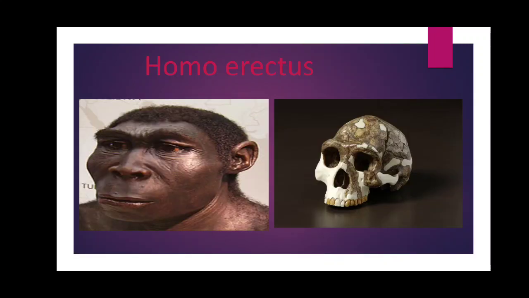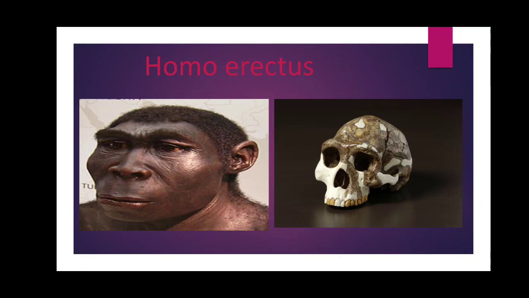Then came the Homo erectus, which were the first ancestors who hunted animals and used fire. They walked fully upright and their pelvis was more bowl shaped. The Homo erectus were called so because they stood erect and the proportion of arms and legs resembled that of the modern man.